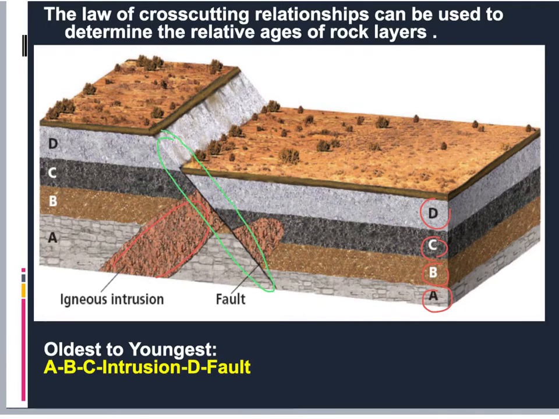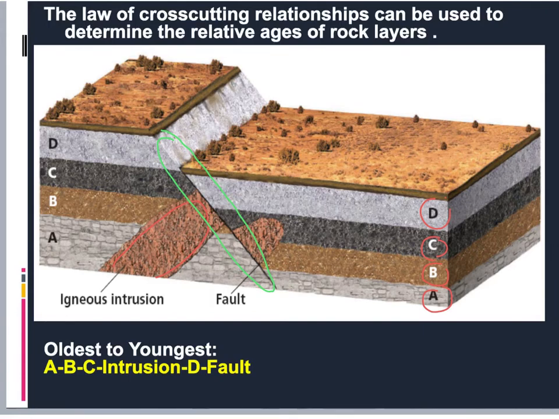There's that crack in the rock. So remember, that intrusion, if it cuts through a layer, is younger than that layer. If the fault cuts through a layer, it's younger than that layer. So we can use, remember, the law of superposition here to also figure out the rock layers too. Because remember, superposition is if it's lower than layers above it, it's older.